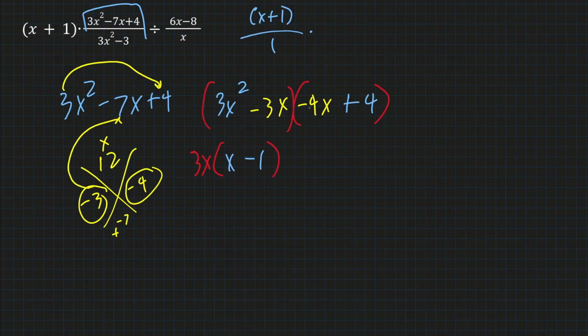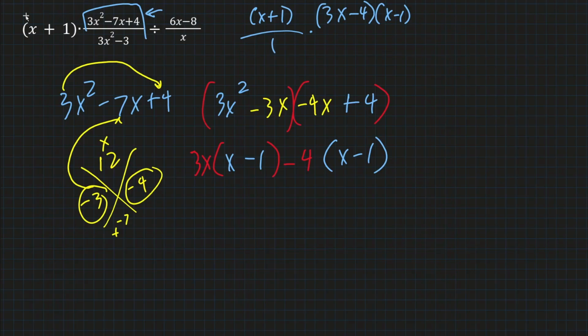And then for the right binomial, we can factor out a negative 4, and that will leave us with x minus 1. This means that the fully factored version of this numerator is going to be 3x minus 4 times x minus 1.